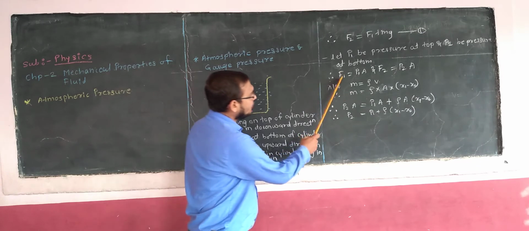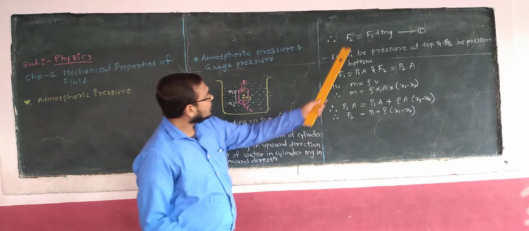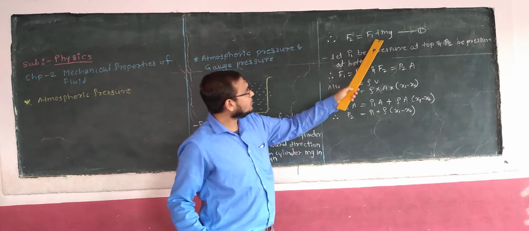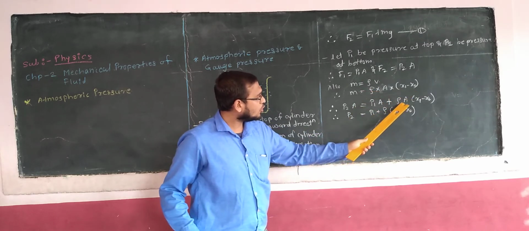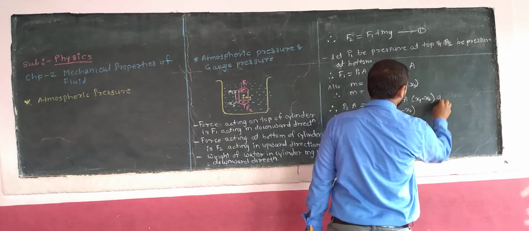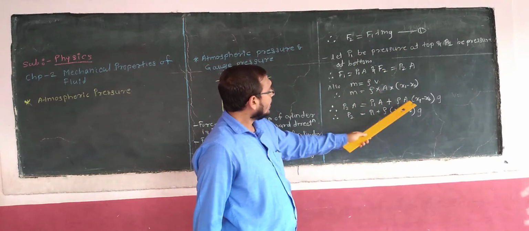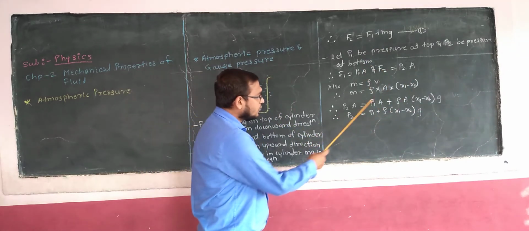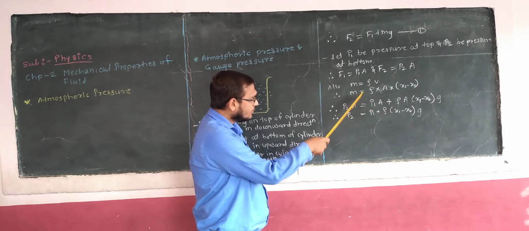Now the values of F1, F2 and M we have to substitute in this equation 1. F2 is equal to P2 into A. What is F1? P1 into A. What is M? Rho A x1 minus x2, so rho A x1 minus x2 into g. Now if you see here, A is common in all, so we can take it outside and cancel it.